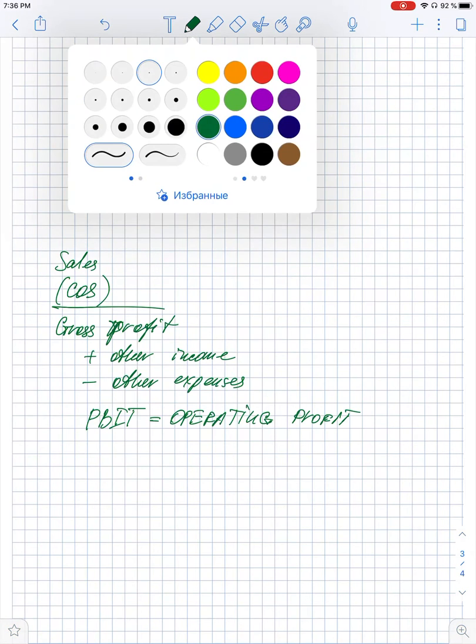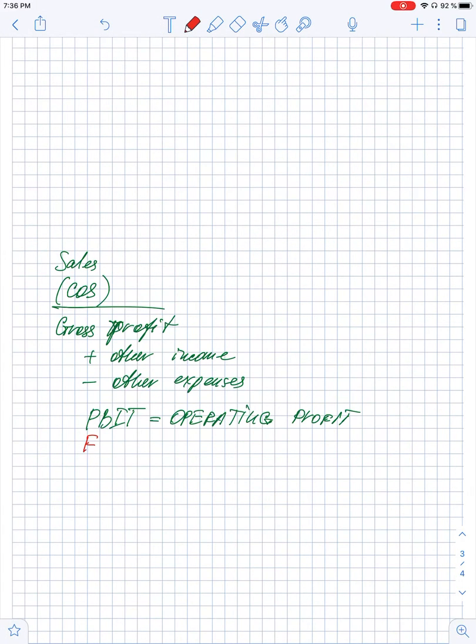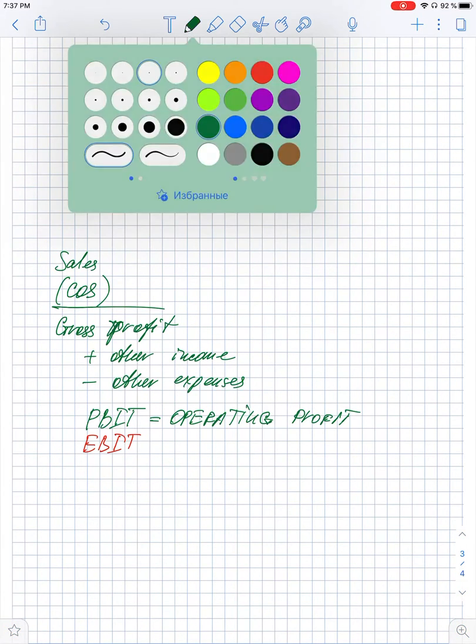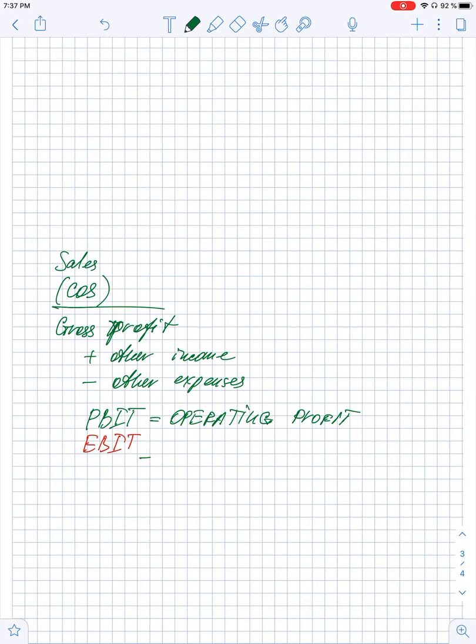And sometimes we use earnings before interest and tax. They are synonymous. I don't like to use that abbreviation in Russia because it sounds like an obscene word. But nevertheless, we do know that the second profit which could be calculated is operating profit. Then we can deduct interest expense out of operating profit, and we will calculate profit before tax.